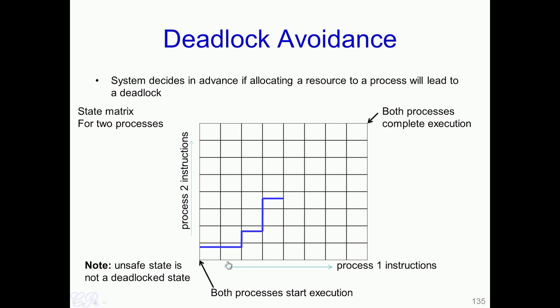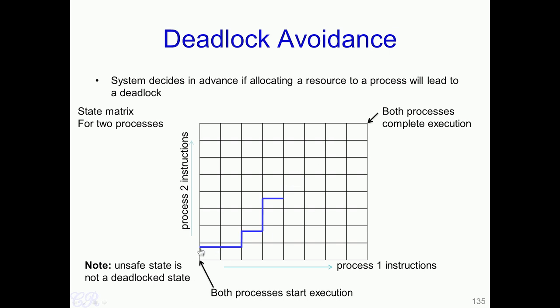Now, depending on how the operating system schedules, and how various resources are allocated or deallocated to process 1 and process 2, the execution trace of process 1 with respect to process 2 would vary.